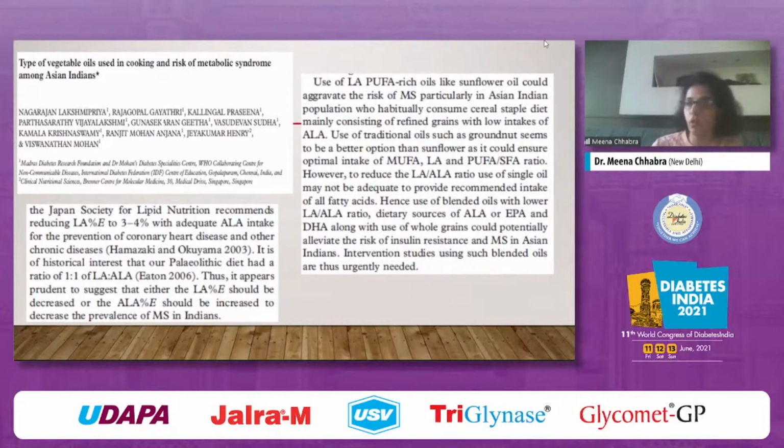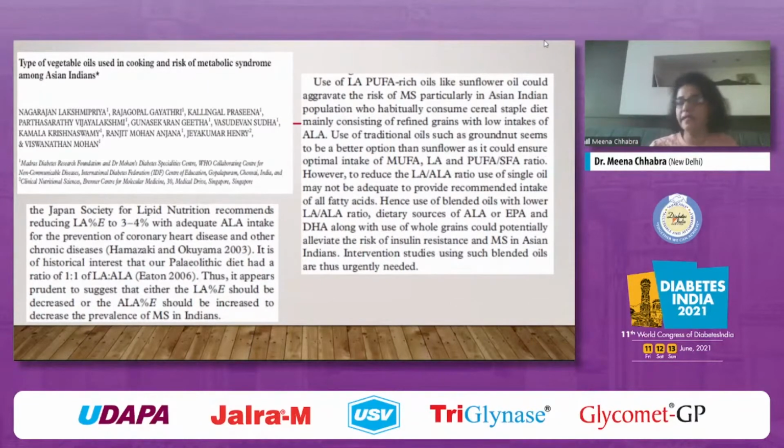Use of traditional oils such as groundnut oil seems to be a better option than sunflower, as the following things are ensured: optimal intake of MUFA, optimal intake of linoleic acid, and optimal ratio of the polyunsaturated fatty acid to the saturated fatty acid. Now, to reduce the LA-ALA ratio, that is the linoleic acid to ALA ratio or the omega-6 to omega-3 ratio, a single oil may not be adequate.